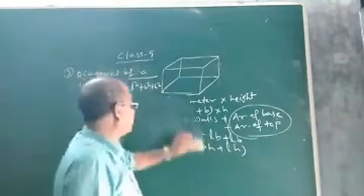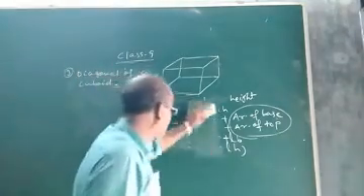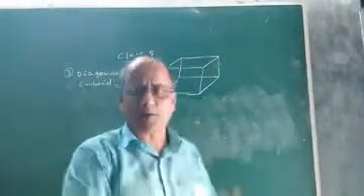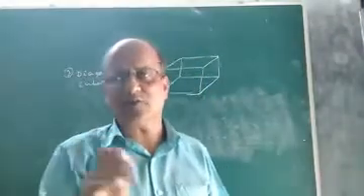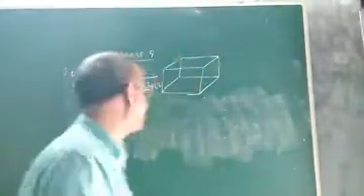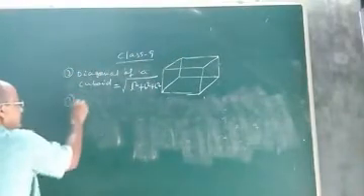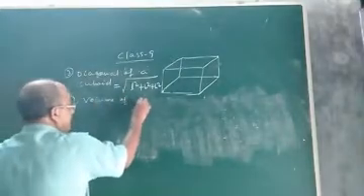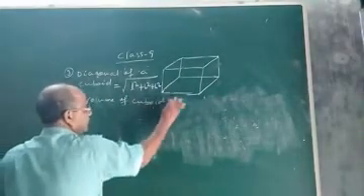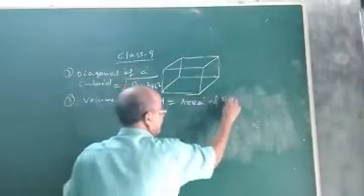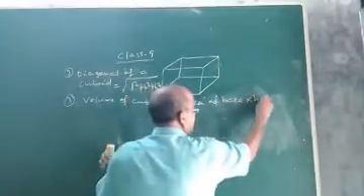Okay. Then what will be the volume? What will be the formula for volume of a cuboid? Children, volume we already know from class 4. Volume means what? Area into height. Area of base into height. You see, so volume of cuboid is equal to area of base into height.